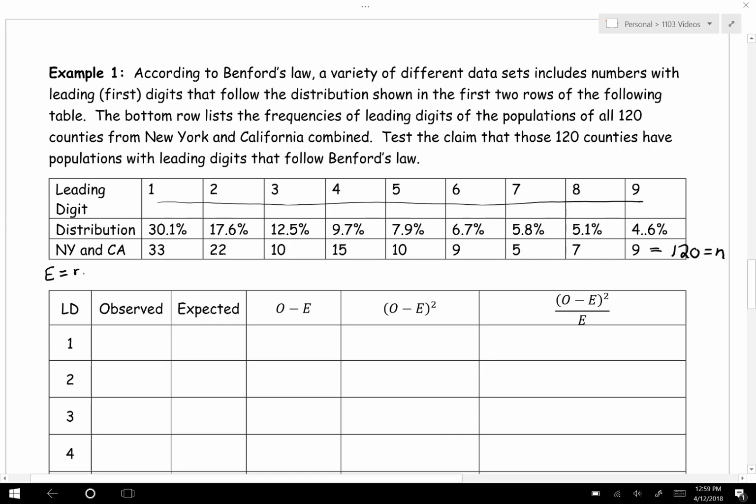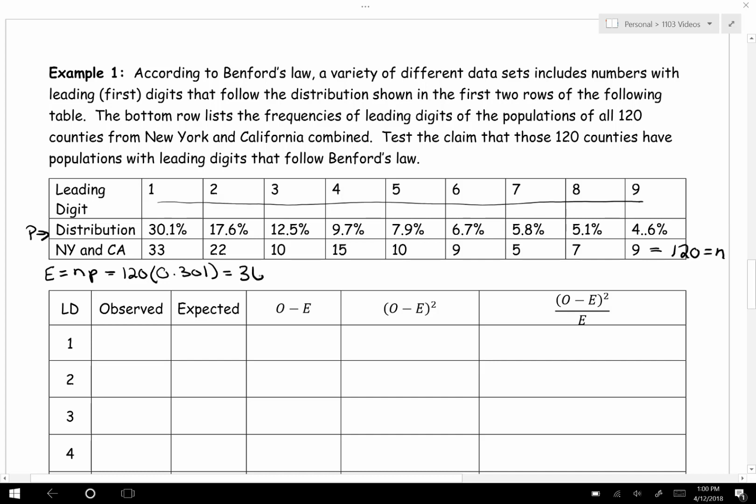The expected values are n times p. This row gives us p. So in order to calculate our expected, we would take 120 times these percentages as a decimal. So 0.301 would give us our first expected outcome.